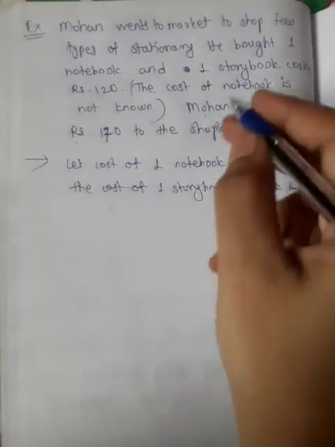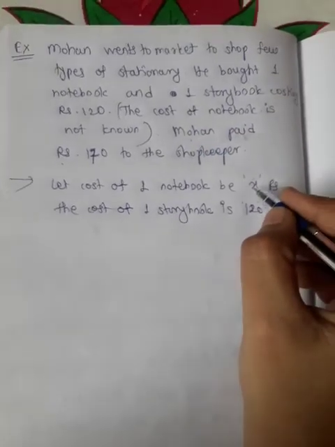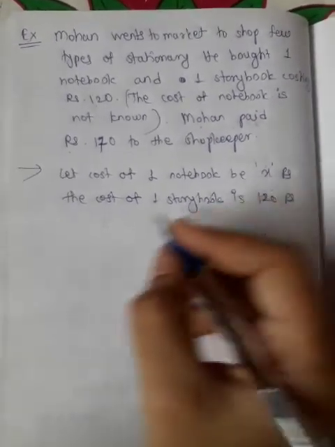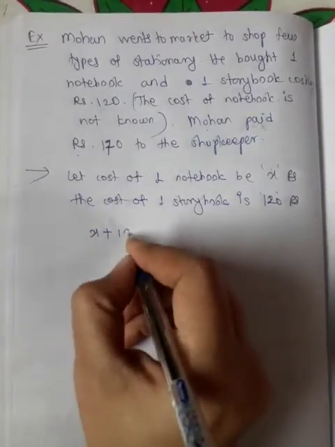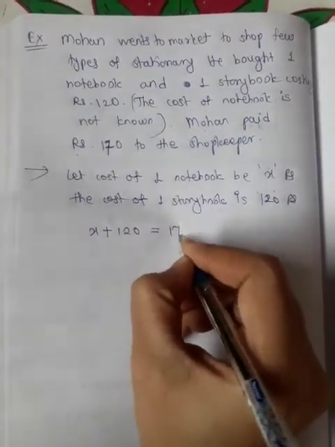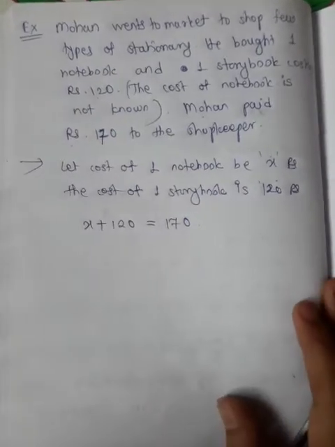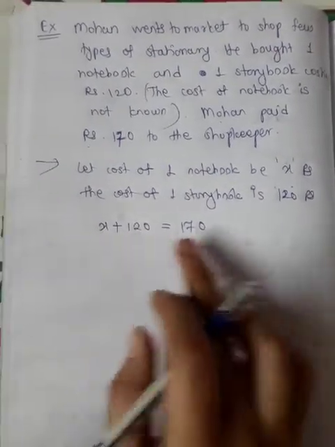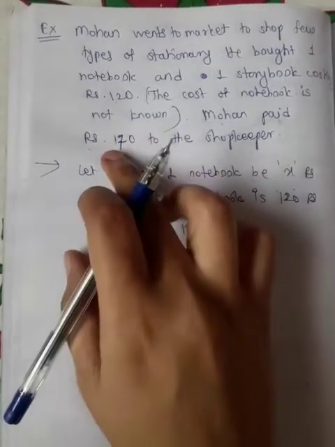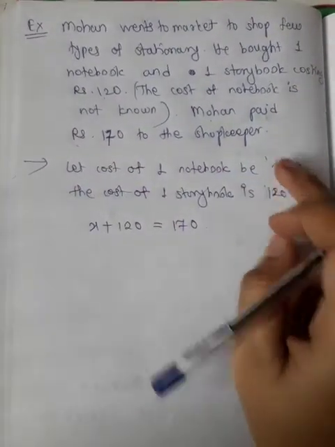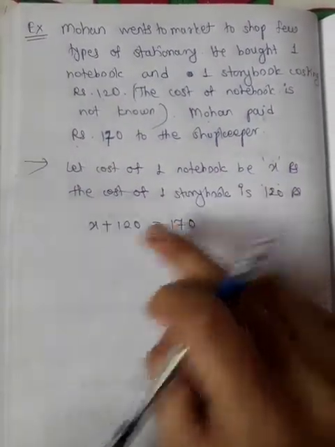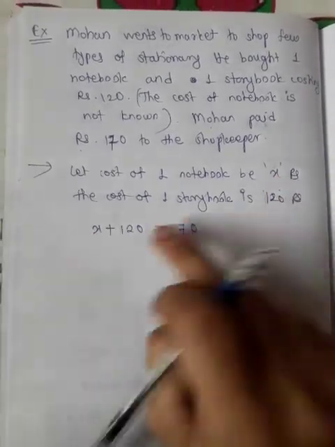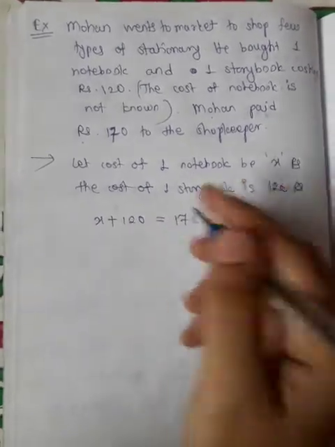So here x plus 120 is 170. The total cost of these two items is 170. Mohan paid 170 to the shopkeeper, means what? The total cost of these two items is 170, means rupees x plus rupees 120 gives 170.